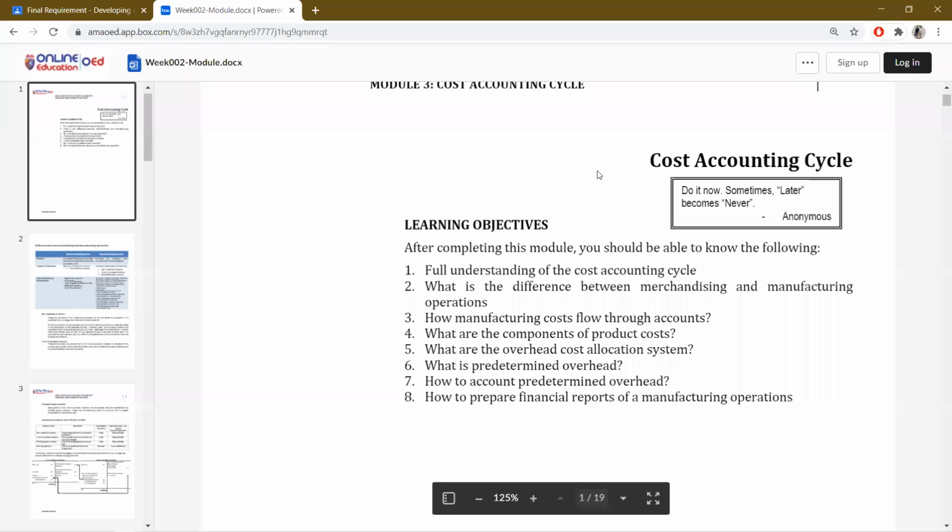So our topic for today is all about the cost accounting cycle.